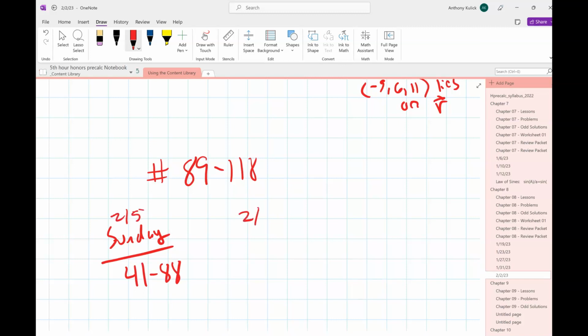And then next Sunday would be what, like the 12th? We'll have 89 to the whole shebang, probably 122, but 118 so far. Everybody's okay? End of next week, beginning of the week after, probably in that range.